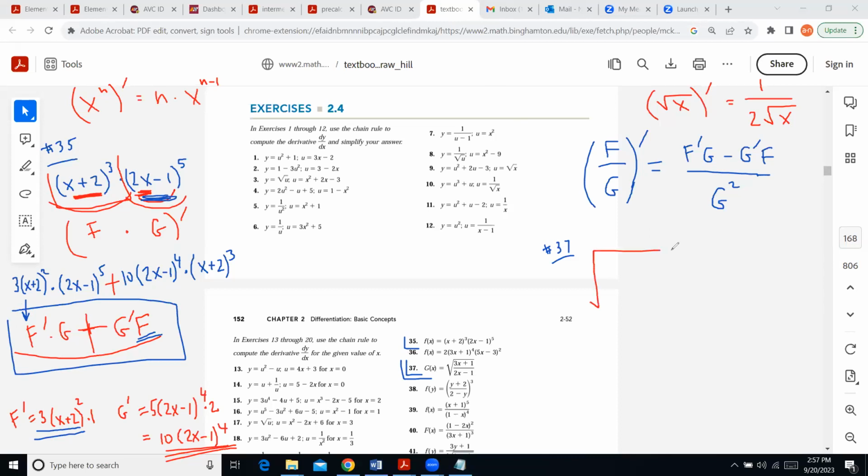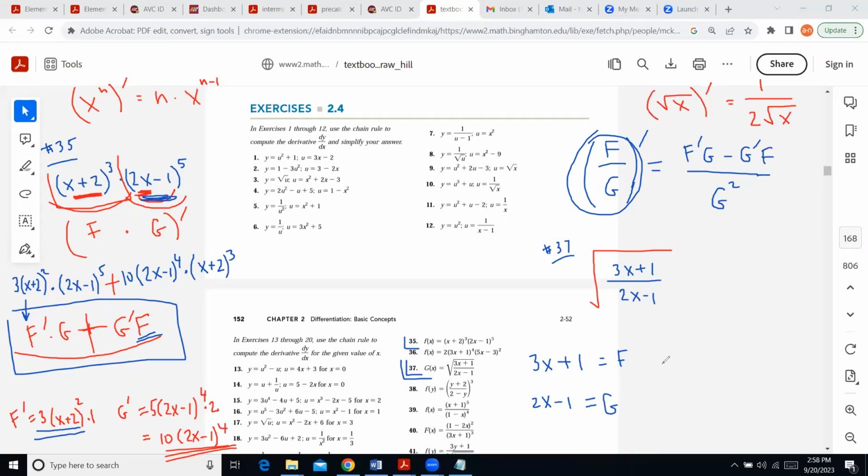So we're dealing with a square root extracted from, and here comes that 3x plus 1, and the denominator is 2x minus 1. So what I'm going to do is treat 3x plus 1 as function f, because we have a division here inside the square root, and 2x minus 1 as a function g.